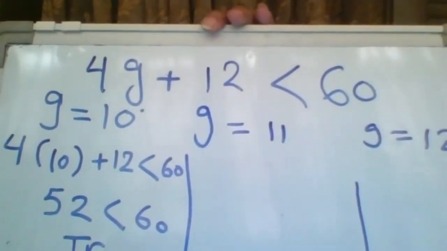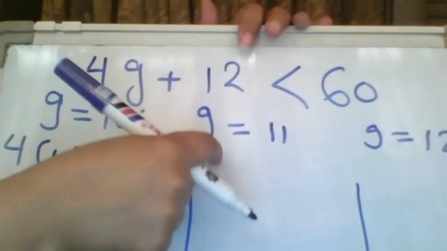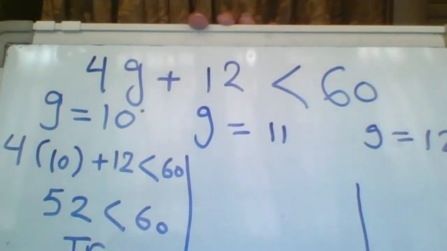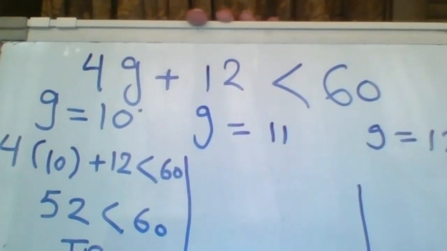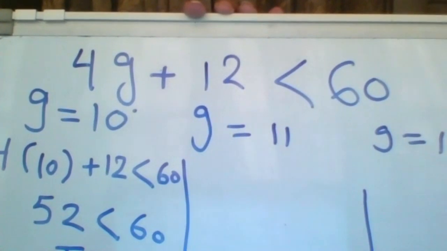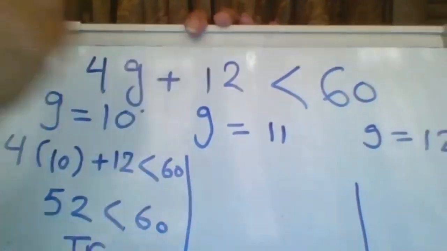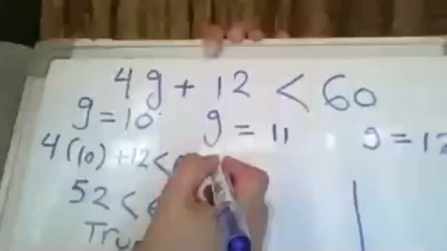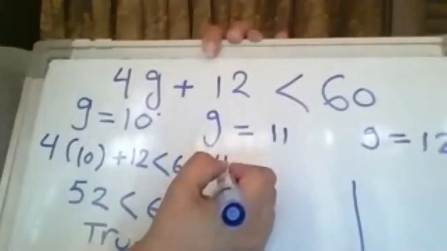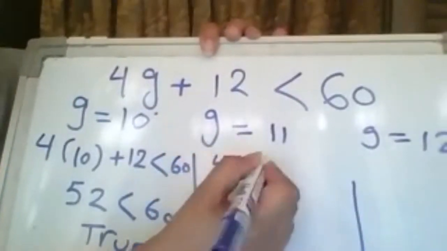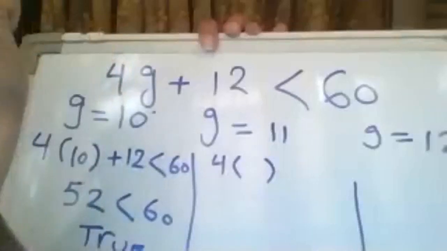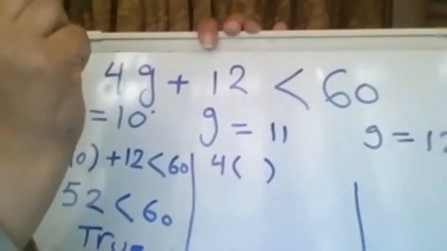Could you please work with us with the second one? He said that g equal 11. Tell me please how we can solve this one. We will remove the g and put 11 between brackets. We will keep 4, right? And then remove g and put instead of it 11.